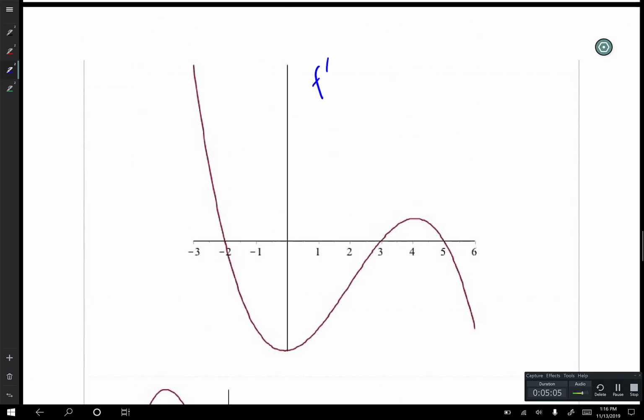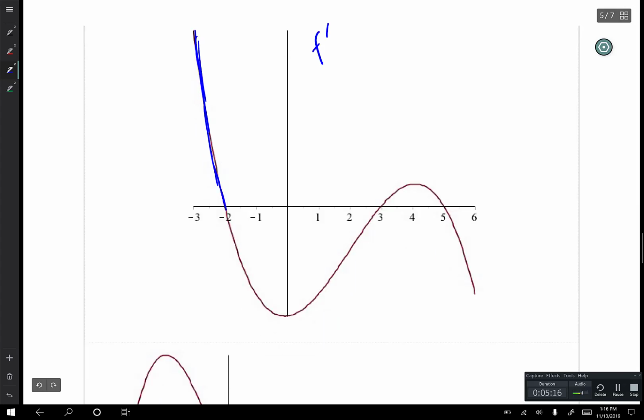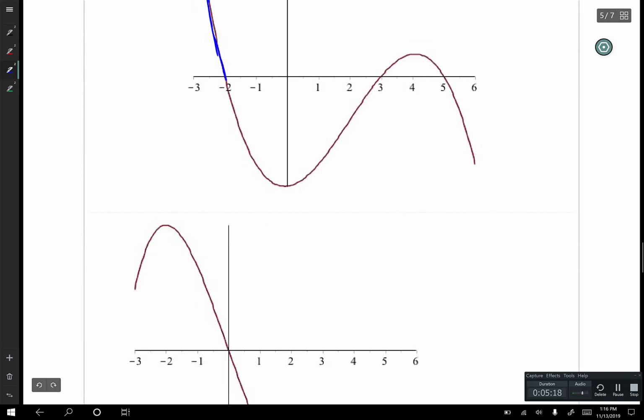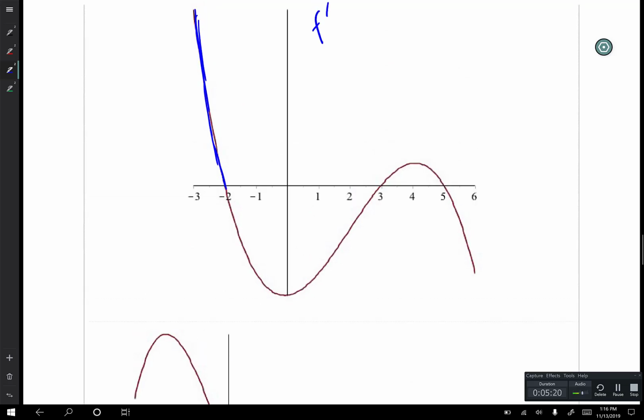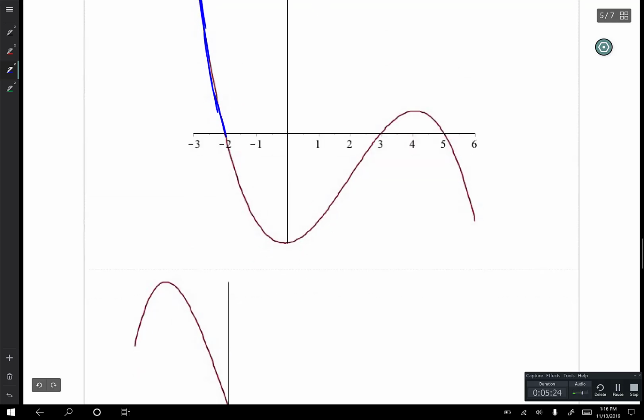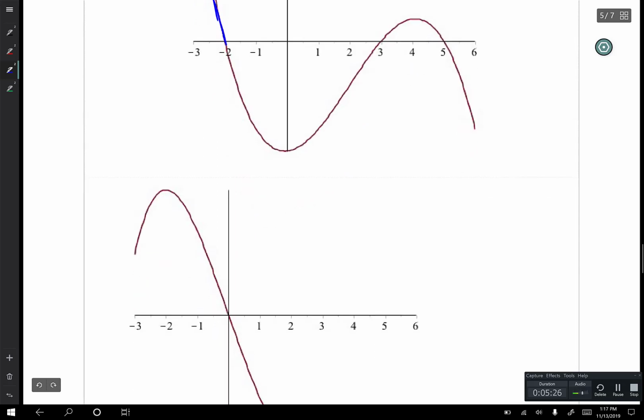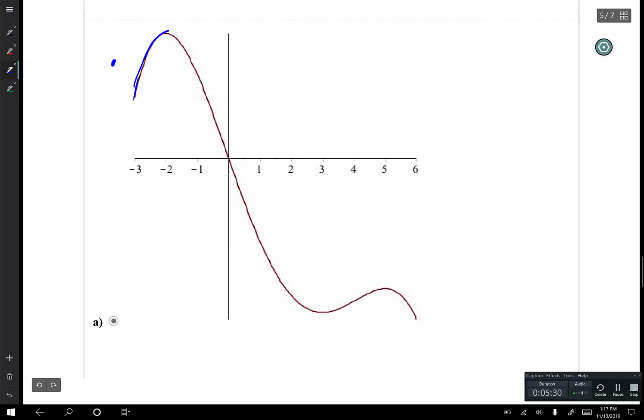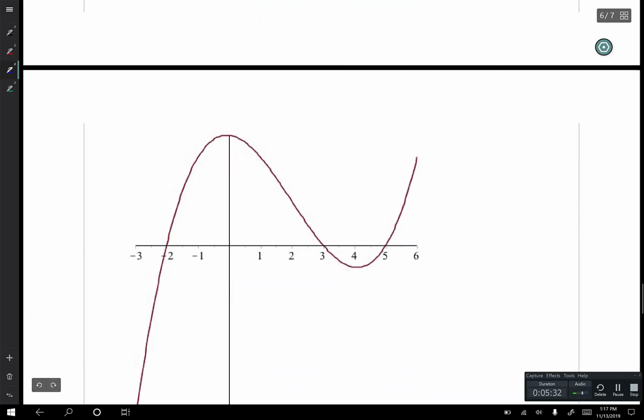So what I'm noticing is that f prime is positive until I reach negative 2. So I'm going to look for an increasing graph that is concave down between negative infinity and negative 2. Increasing graph until I reach negative 2, maybe. Keep going. Obviously, you already see that I circled that.